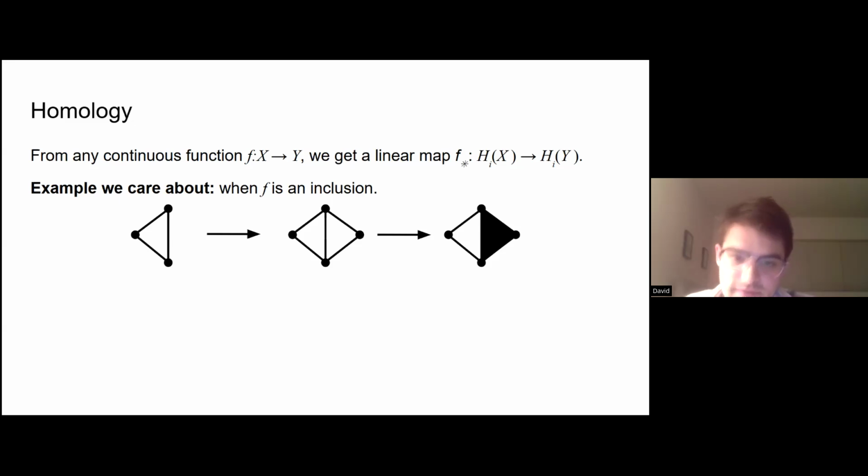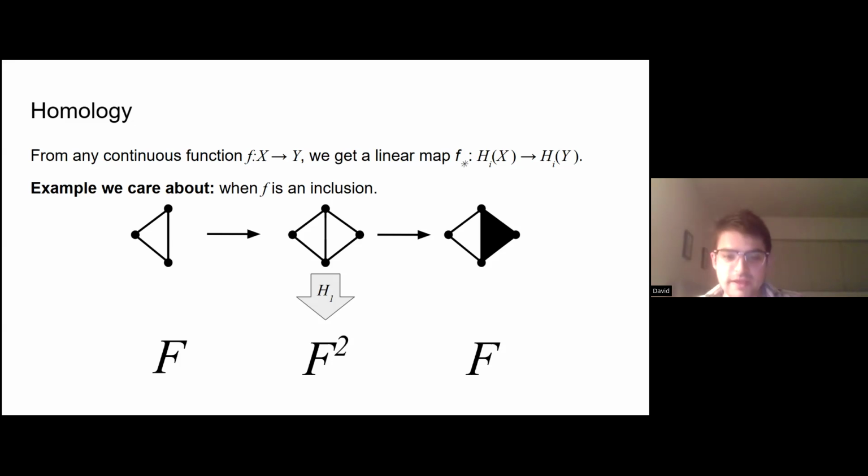In the middle, I have a shape with two one-dimensional holes, and on the right, I have one with once again a one-dimensional hole. And so H1 not only gives us vector spaces that tell us the number of one-dimensional holes in my shape, but they also explain which hole winds up where as I grow my shape.